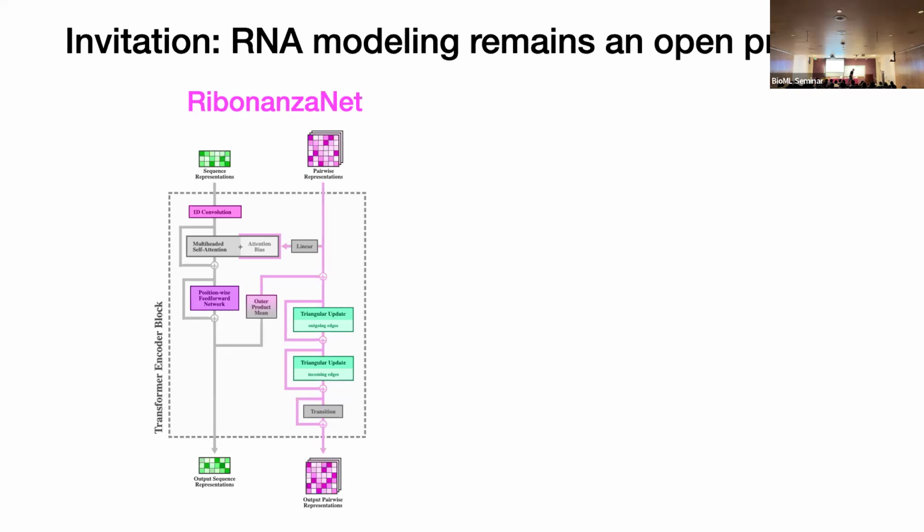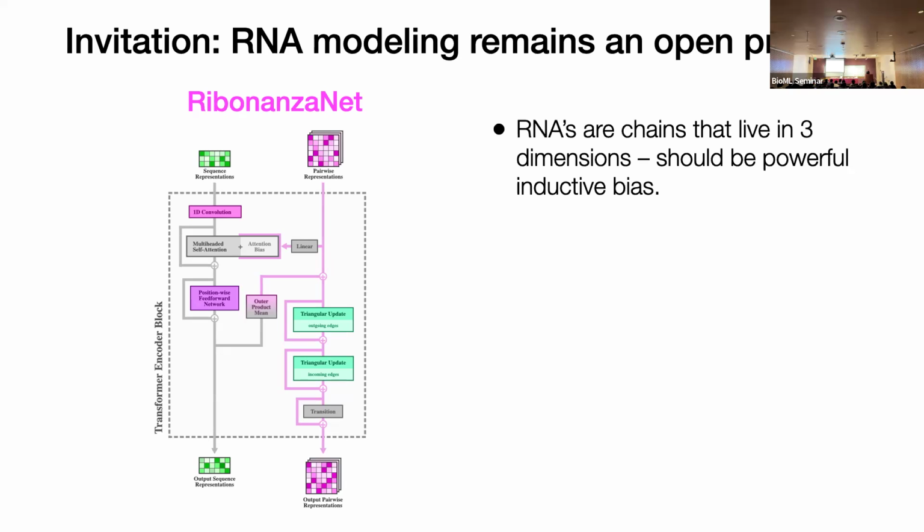Okay, so RNA 3D modeling remains an open problem. As of last week, we have this large data set, and we have a really interesting set of models trained on those data, but none of those models have tested the most basic inductive bias, of modeling the RNAs as a bunch of three-dimensional chains.